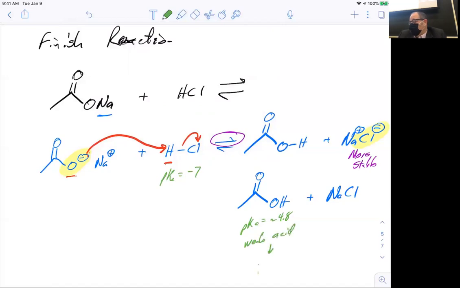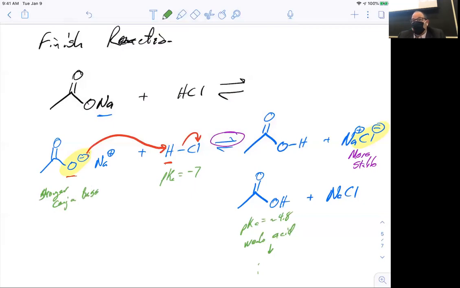Weaker acid is the, right? This is the more, I'm sorry, that's the more stable conjugate base. This is the weaker acid. This is the stronger conjugate base.